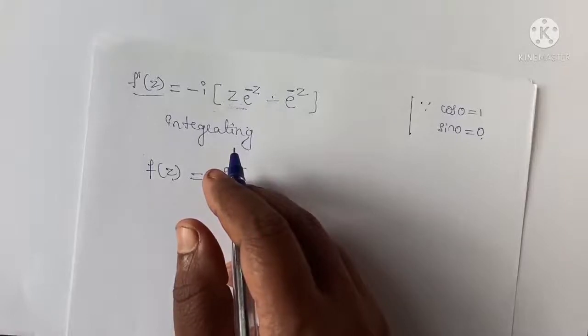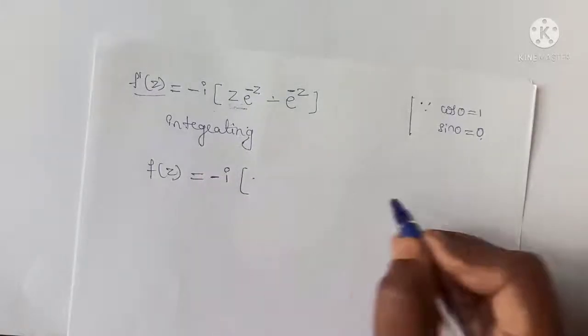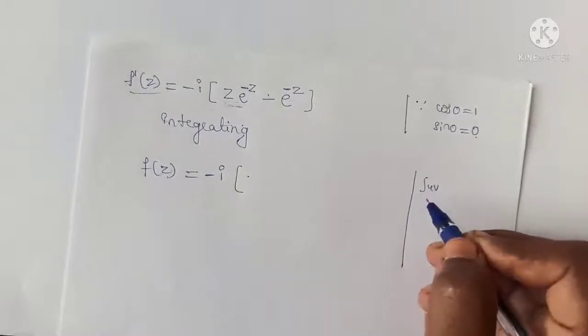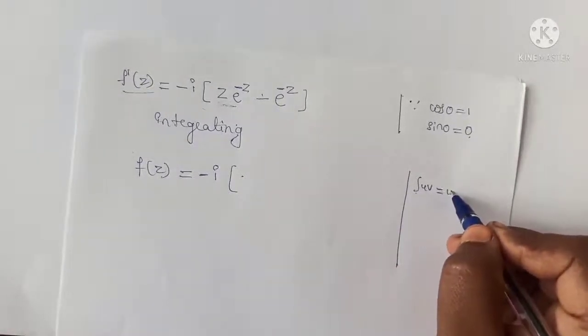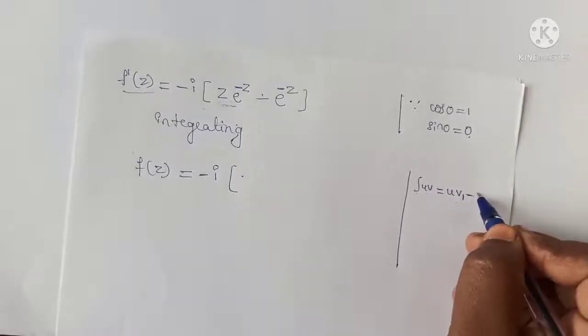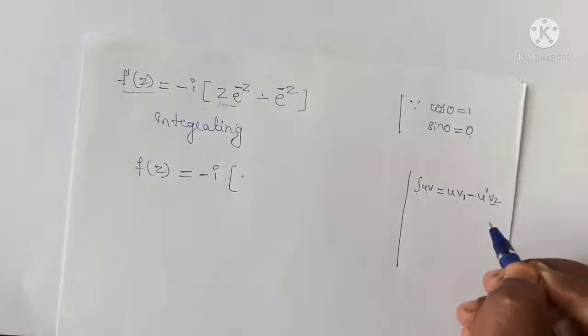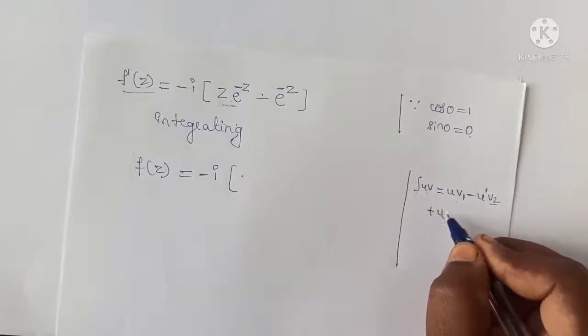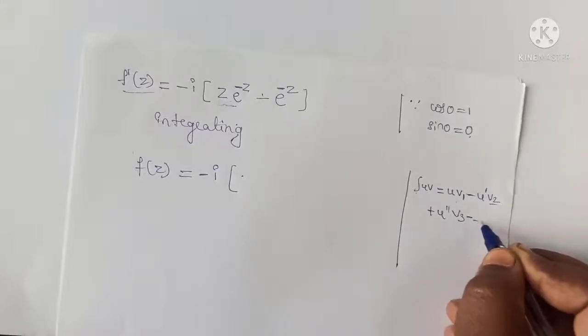We know the general form is, if we have integration of u into v, then it can be written as u into v1, that is integration of v, minus u dash v2, where v2 means integration and dash means differentiation, plus u double dash v3 and so on.